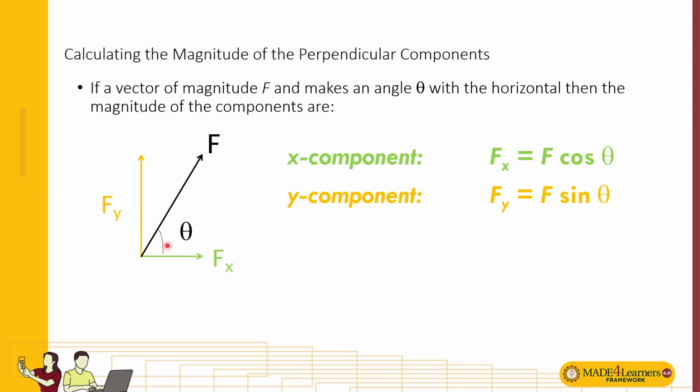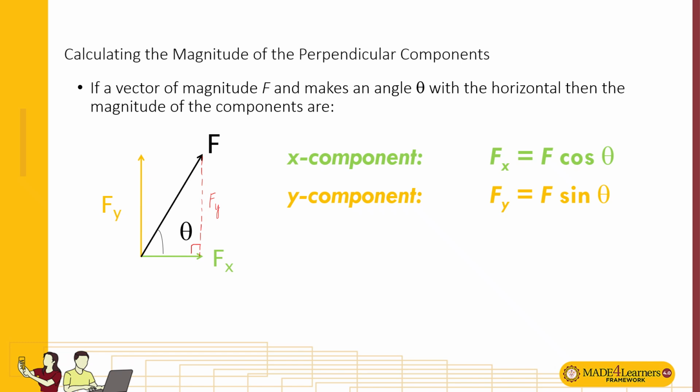If the angle is measured from the horizontal component, we can draw a side that would form a right triangle with F sub x and the given vector, right? And this side is just equal to your F sub y.